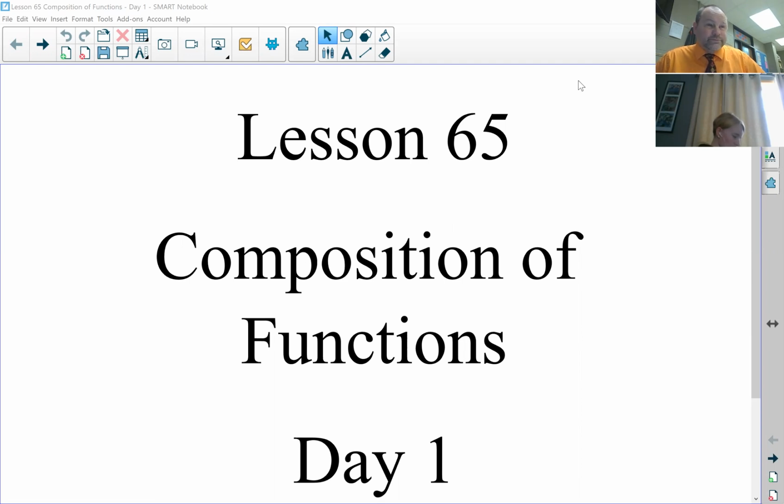Next week, we will review, and then on Tuesday, Wednesday, and Thursday, you'll have time to work on the chapter quiz just on this lesson, the arithmetic combinations, composition, and inverses.